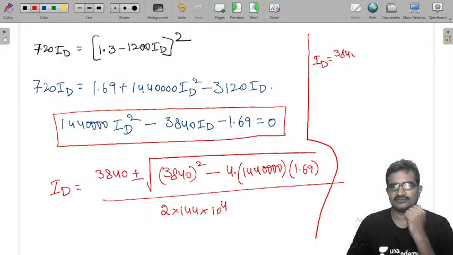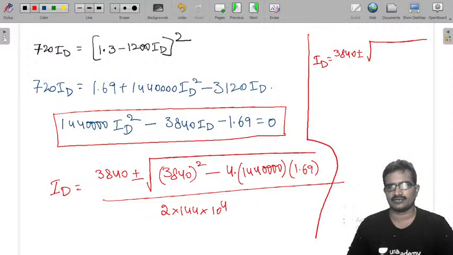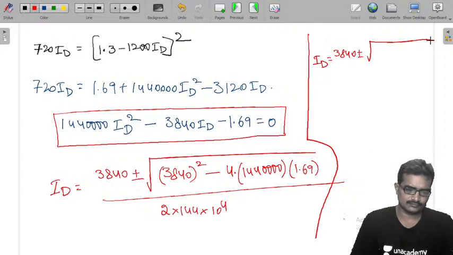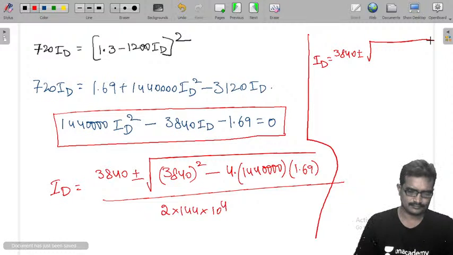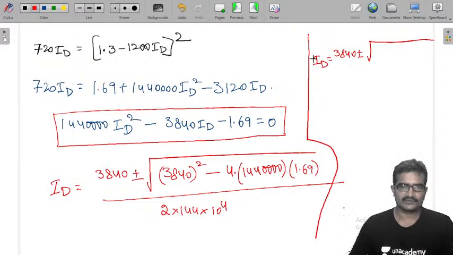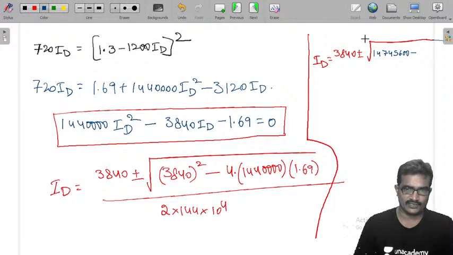3840 plus or minus the square root of... so 3840 whole square is 1474560, minus 4 into 1.69 into 1442340.